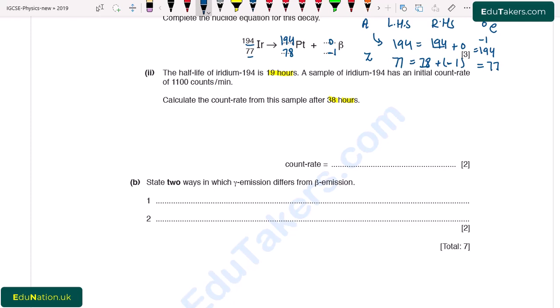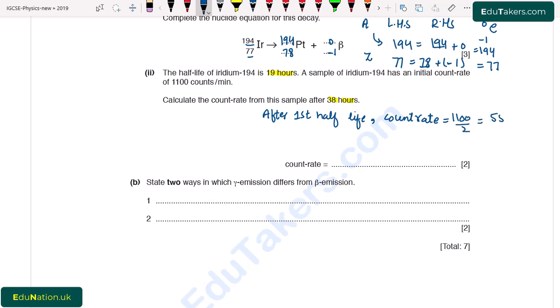It means that when 19 hours pass, the sample of iridium remains half, so the count rate is also half. I write here after the first half-life, count rate will be equal to 1100 divided by 2.